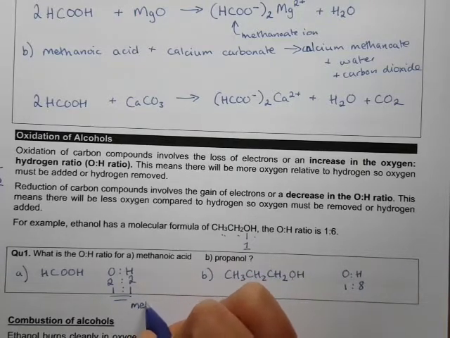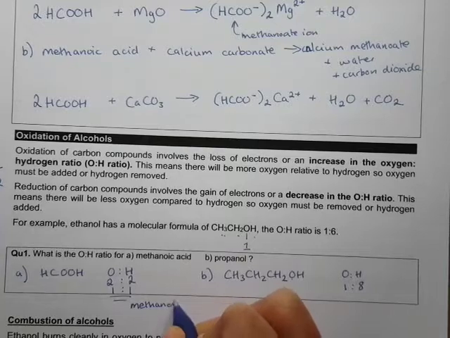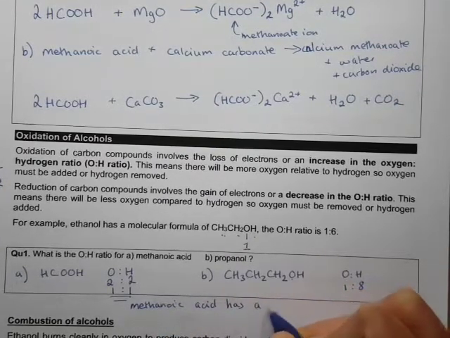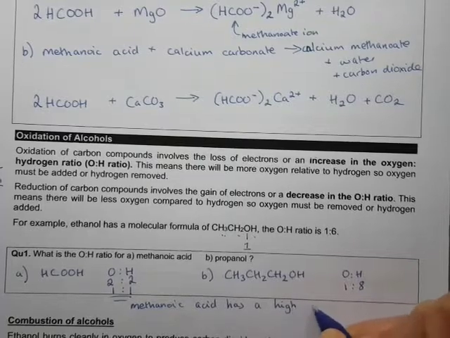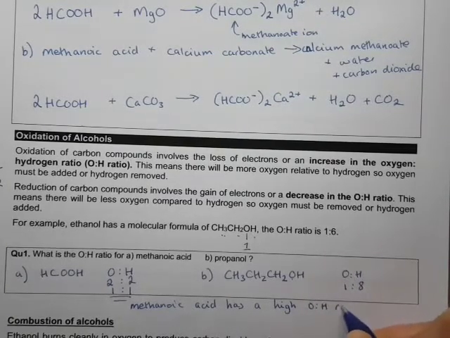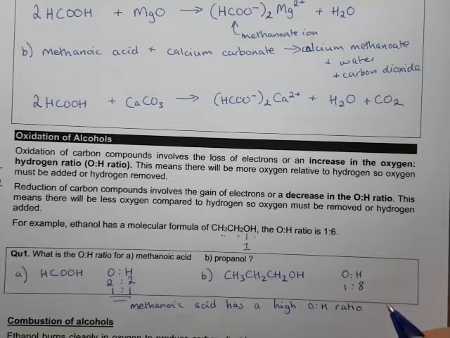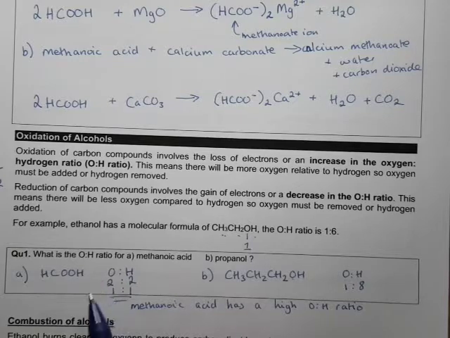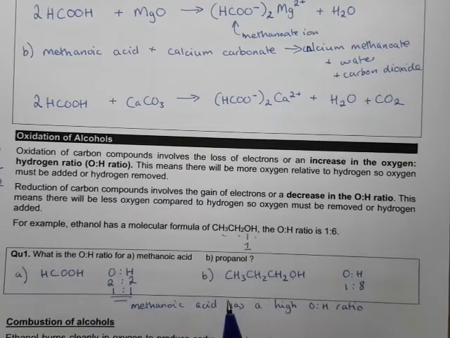So you would say methanoic acid has a high O to H ratio. Okay. So you could say that methanoic acid is a more highly oxidized form of a carbon compound compared to propanol, if you wanted to.